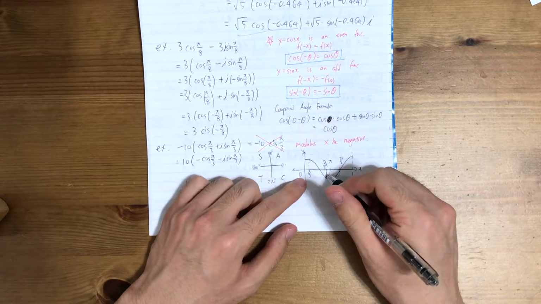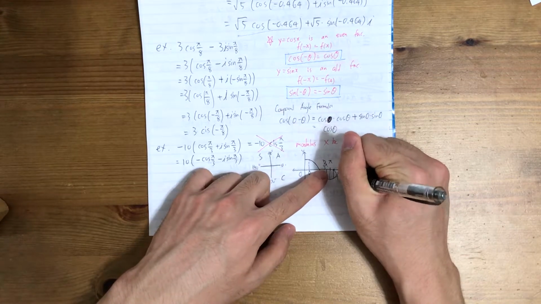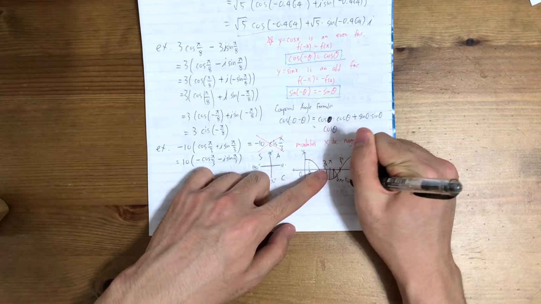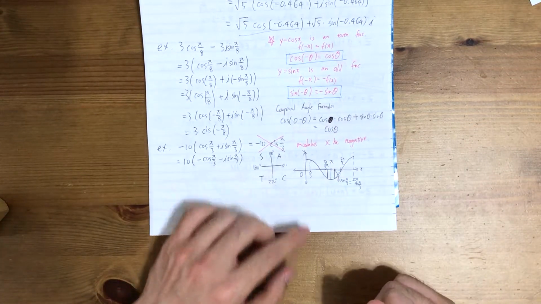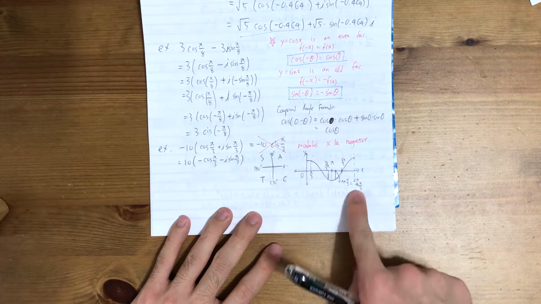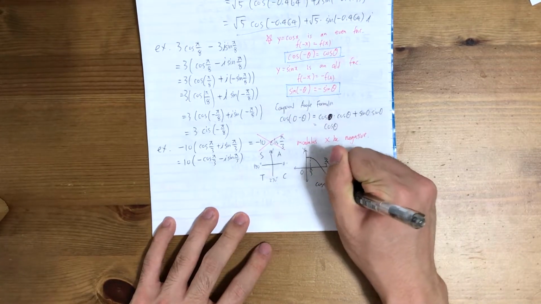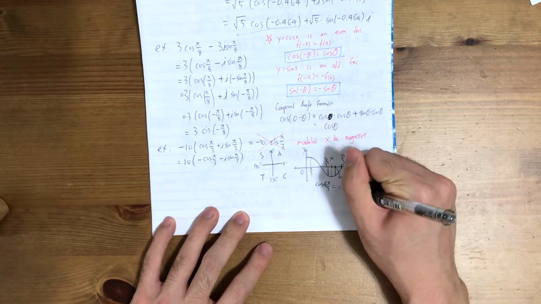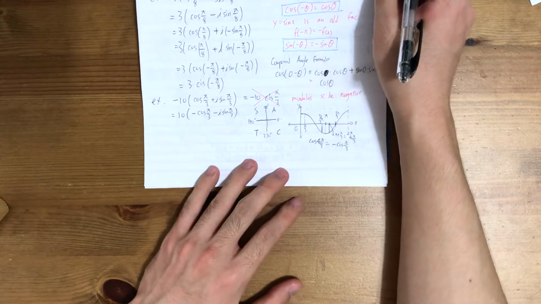right? But this is not what we're finding, right? This is what we're finding. So that means this will be pi plus pi over 3, so 4 pi over 3. Okay? So what this means is that cosine 4 pi over 3 yields negative cosine pi over 3.